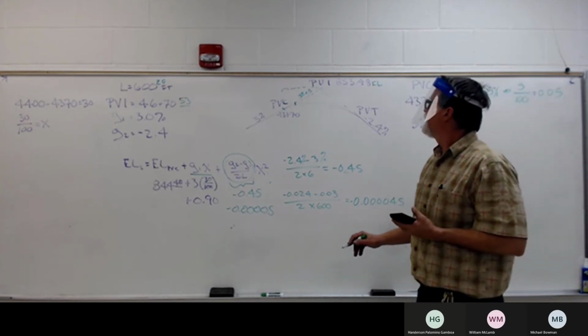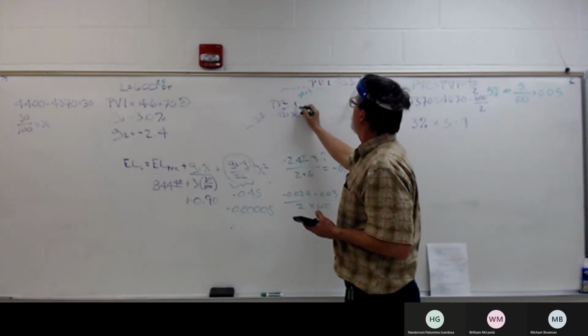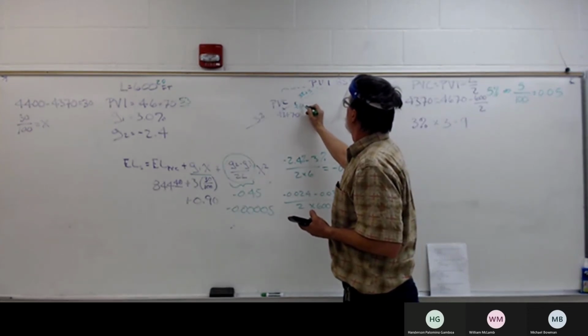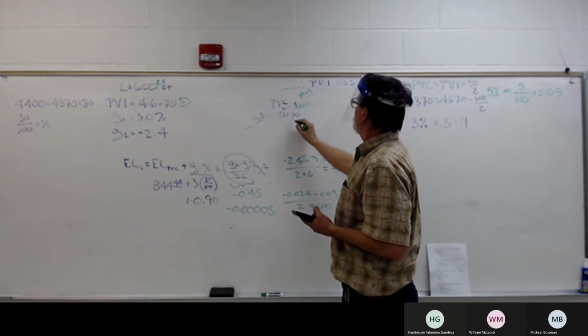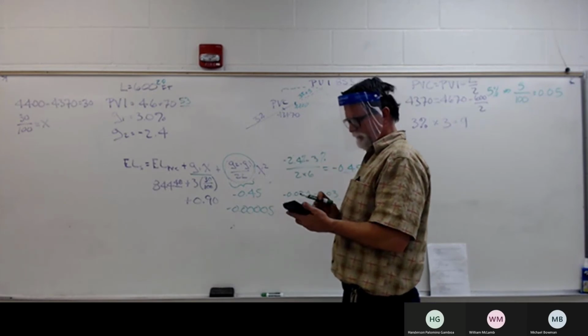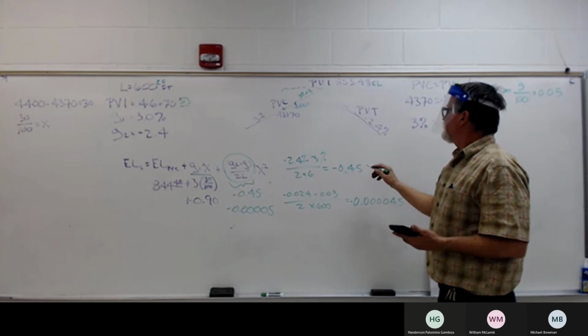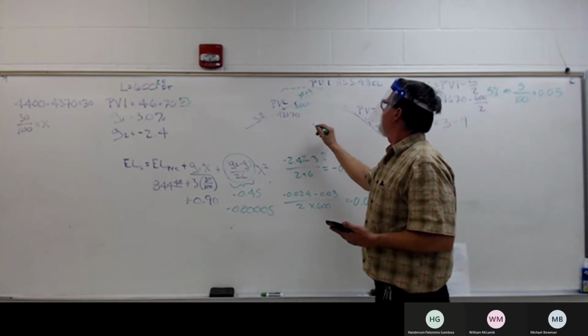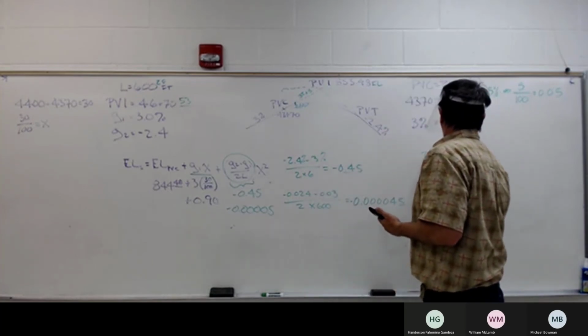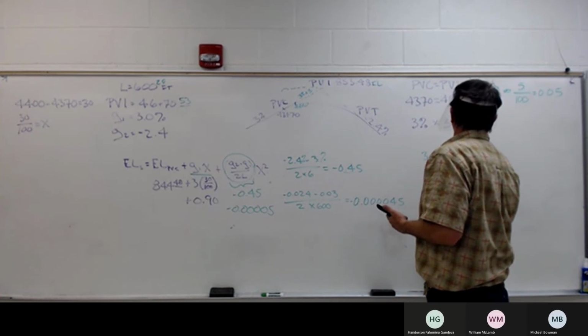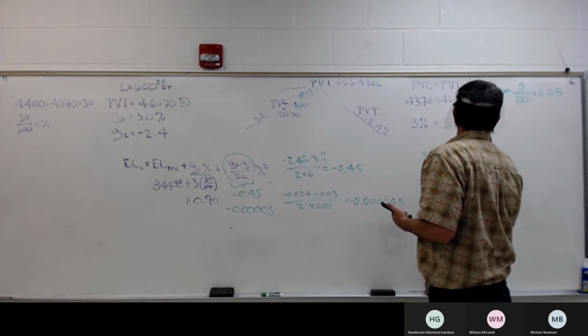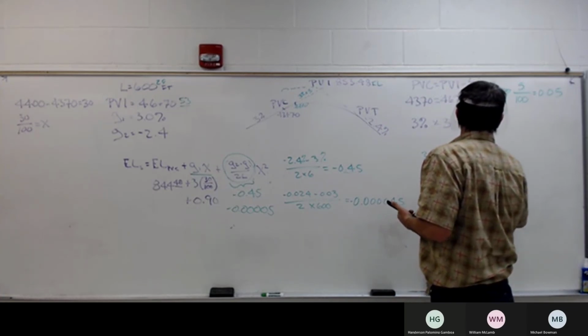And the X is, in this case, if I'm going to 4,400, that's a change of 30 feet, which is 0.30 stations.